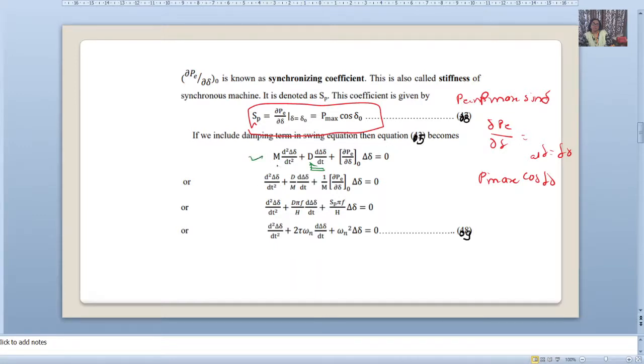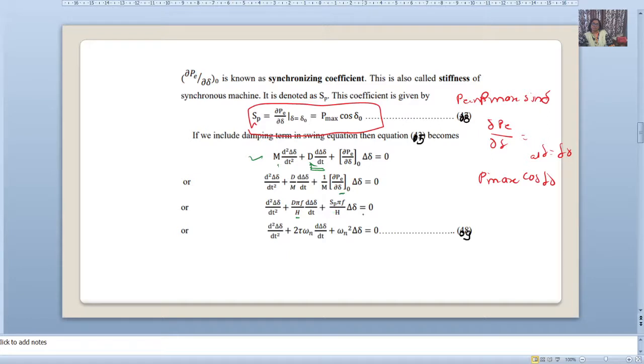Now divide by M. We know M is equal to H by pi f, so pi f goes on the upper side. This is our synchronizing power coefficient, which we have written as SP.